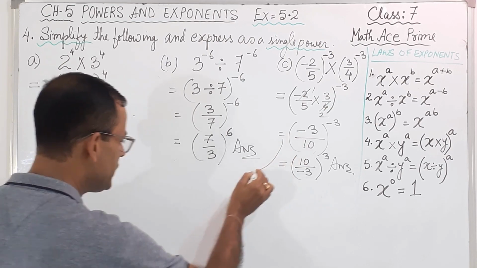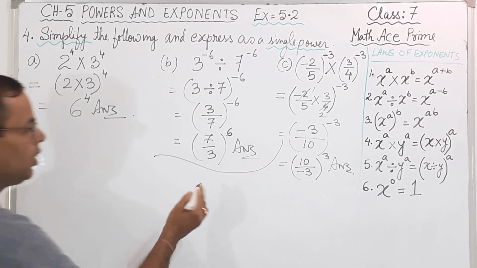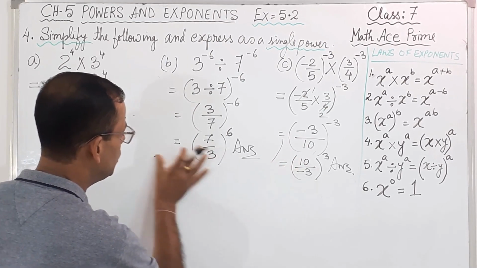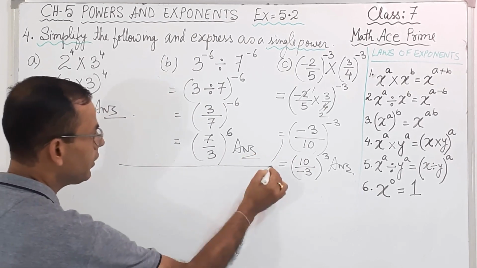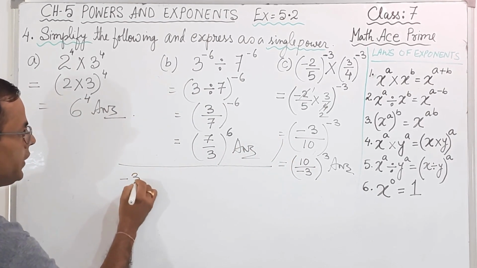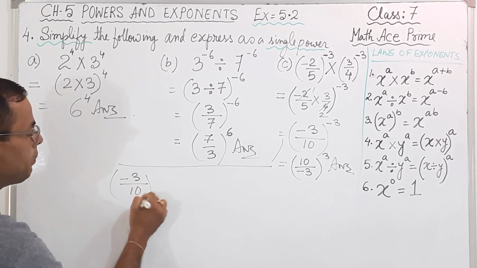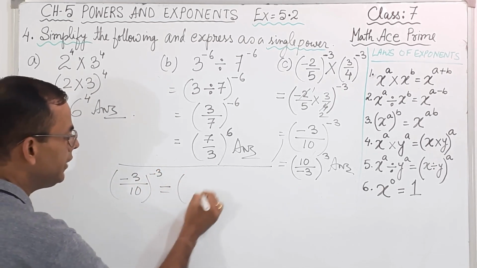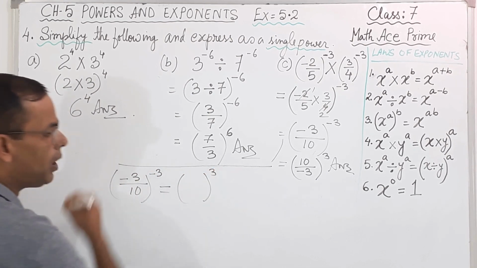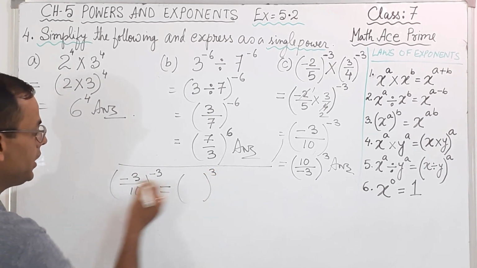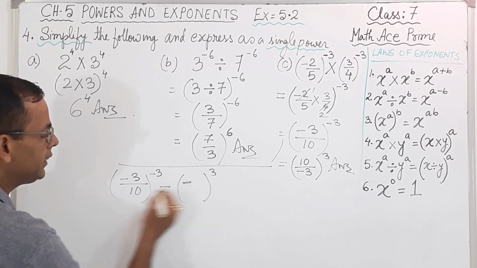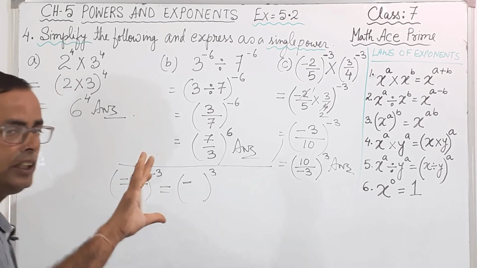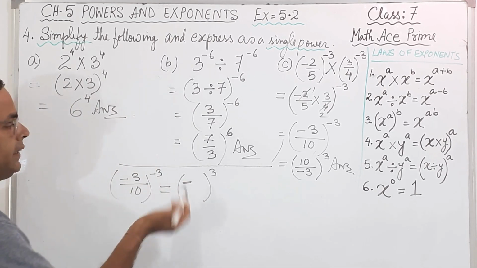But when I was teaching in our previous class, or if I want to do it here only, minus 3/10 to the power minus 3. So what I told you, that if you want to make this power positive, then don't touch this minus and only change the number. 3/10, 10/3.